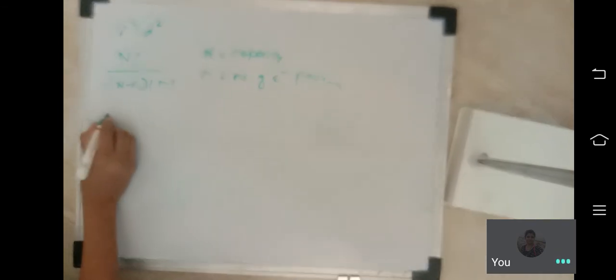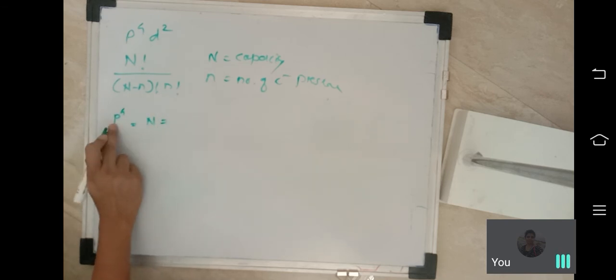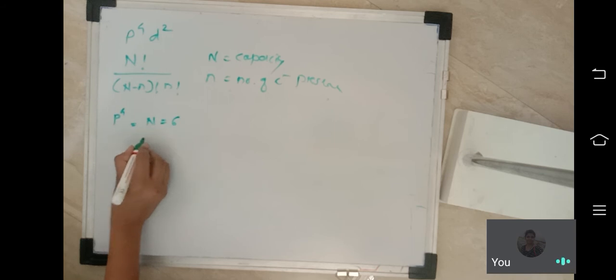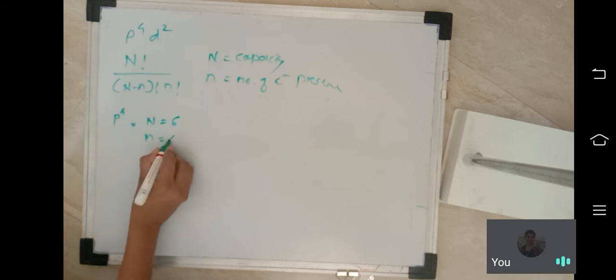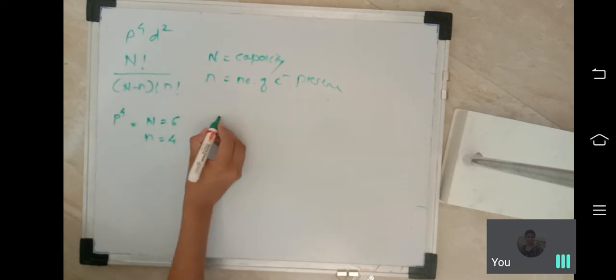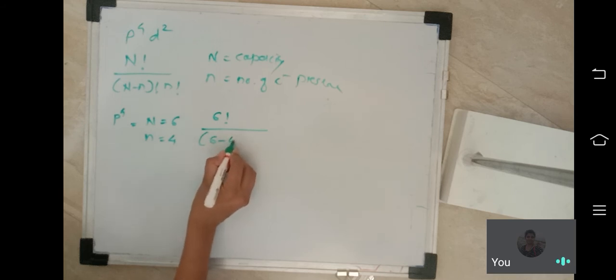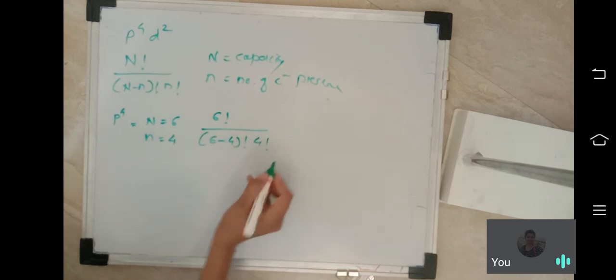For the p4 system, in the p orbital the capacity N is 6 and small n is 4. You just put the values: 6 factorial divided by (6 minus 4) factorial, 4 factorial.